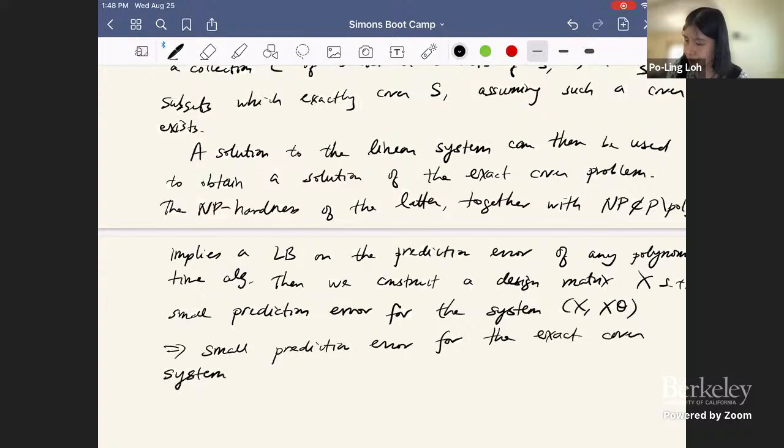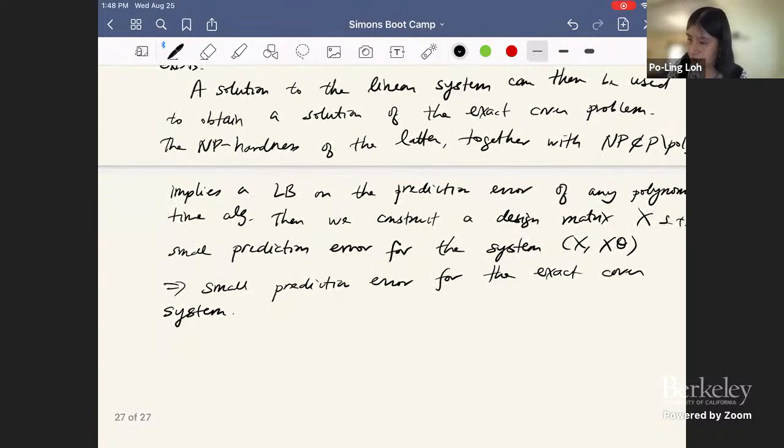So that's roughly where we're going. Solving this linear algebraic version of the exact cover problem is going to be hard, so we have a lower bound on the prediction error. We'll show how to go from the exact cover problem to the original high dimensional regression problem and bound the prediction error of the first by the second.